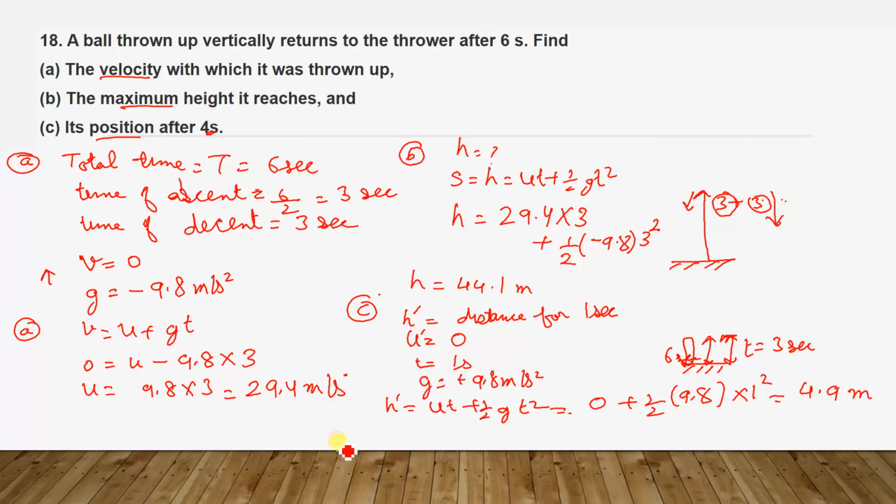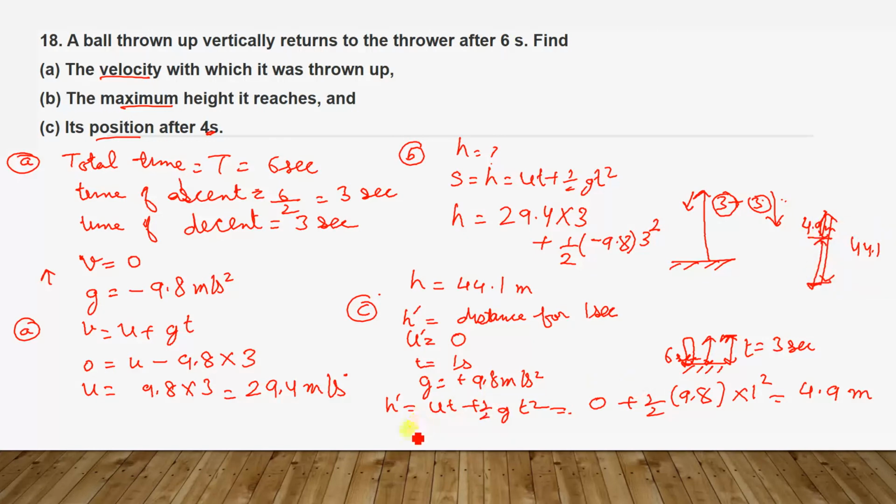ठीक है. So the ball where it will be, total height कितनी है उसकी, the maximum height, we have calculated 44.1, and it has moved down a distance of 4.9 meter. So what will be its height from the ground?